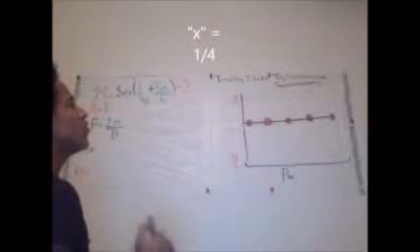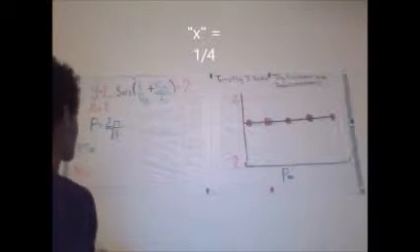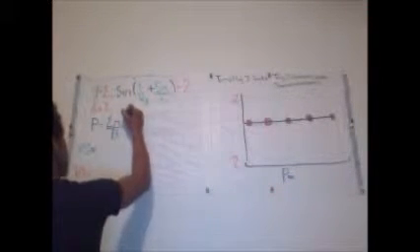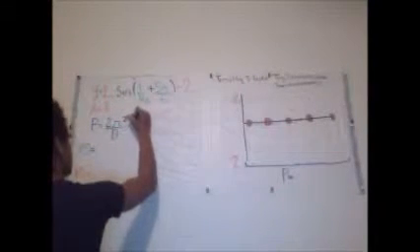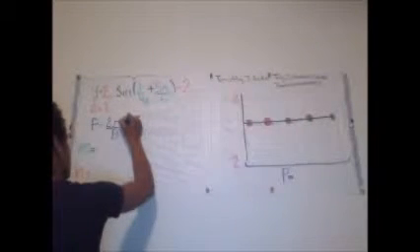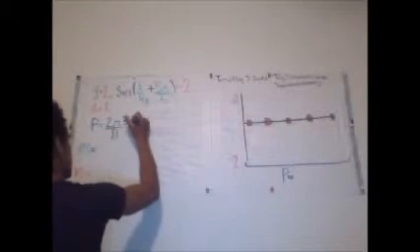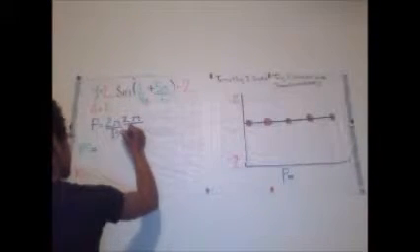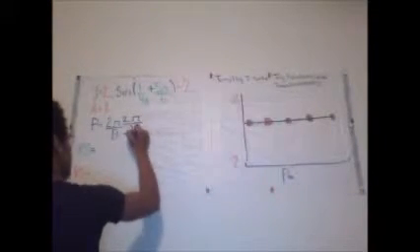It's 1 over 4, okay? So, let's rewrite this out, okay? So now we have 2 pi over 1 over 4.